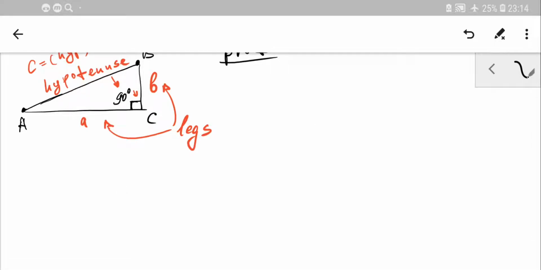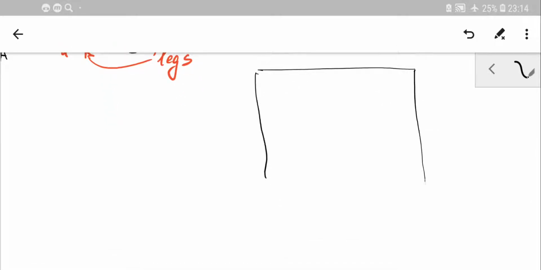Let's say that we have a square here. Okay, so let's assume this is a square. It's not drawn so precisely, but anyway, you understand that it's a square. Okay, 90 degrees angle everywhere actually.